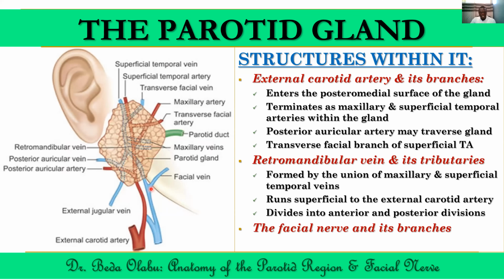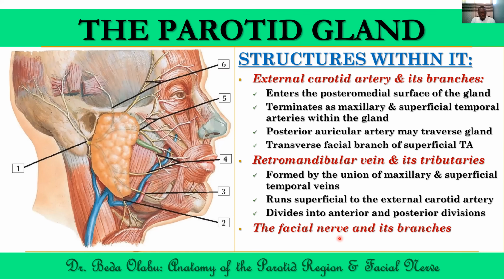All right. Then we have now the facial nerve and its branches as the third entity of structures found within the parotid gland. So the facial nerve enters the parotid gland and divides in it, but we're going to talk more about that when we look into details of the facial nerve. This image just captures for you that nerve, which divides multiple times in the gland.